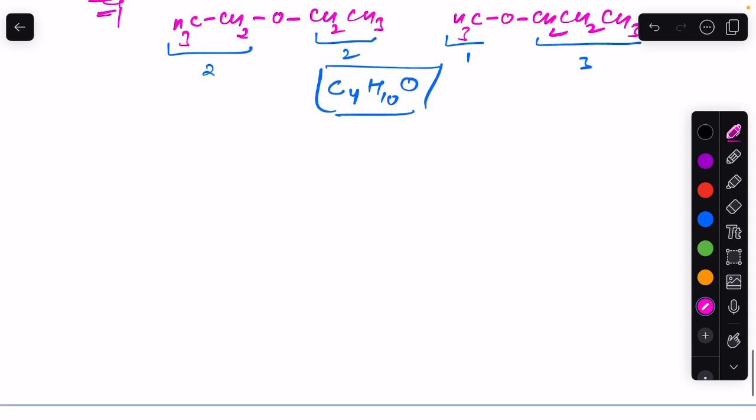Let's have a look into another example. Let's say we have a ketone. This is a ketone. And this is a ketone. So basically number of carbon atoms, here we have 2 carbon atoms around a functional group.